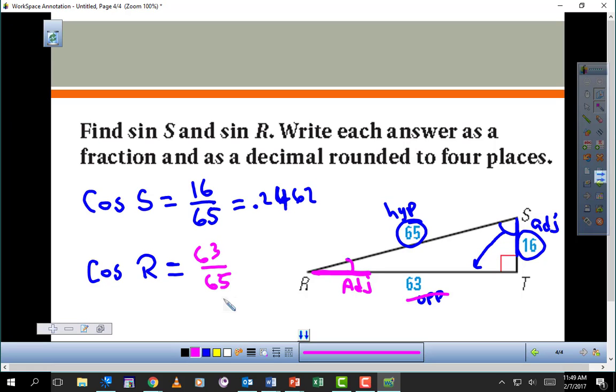So you have to be careful which trig function you're using, because your calculator doesn't know, and it just does what you type in. So we get the same answer we got before, 63 divided by 65, which is 0.9692. Okay, I have a little question to ask you guys now.